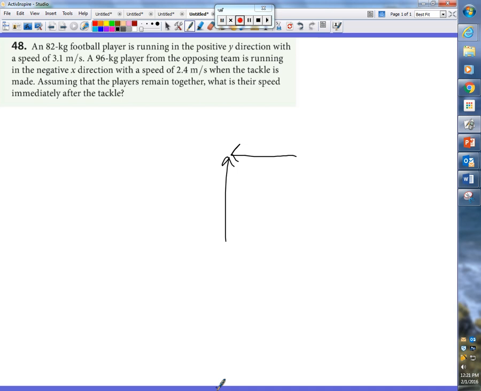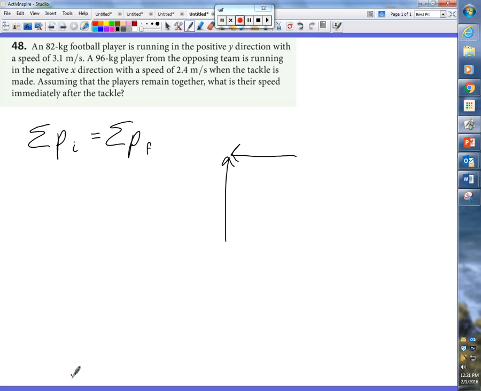Okay? So, like with any vector value, what's true in one dimension has to be true in the other. So, conservation of momentum always said that the total initial momentum has to equal the total final momentum.